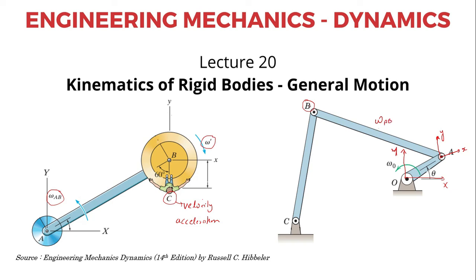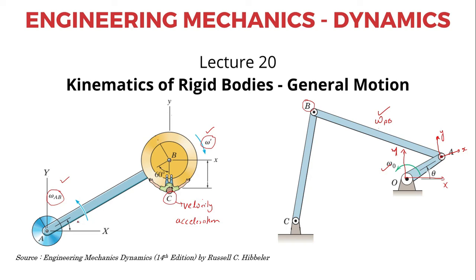So as such, if you want to find the corresponding acceleration and velocity of point B, we will have to use the equation as described in this lecture. To make things simple, let me tell you one thing. If there are two different angular velocities, on the left hand side you can see omega AB and omega dash here, that do not pass through the same point.